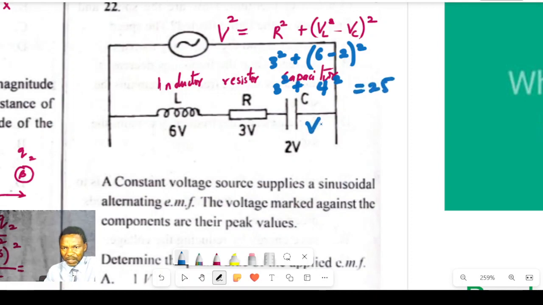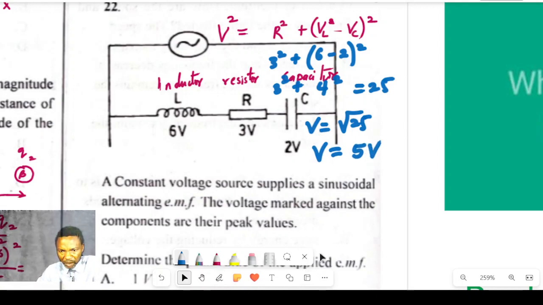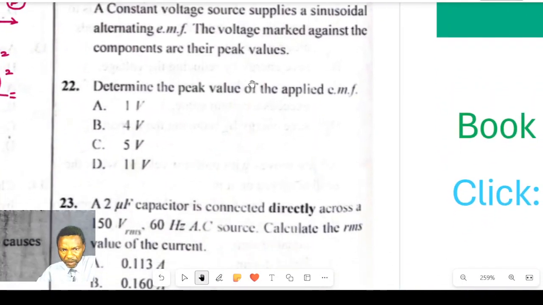And then V is equal to square root of 25, which is 5. So V is 5 volts. So what's the answer there? So C.